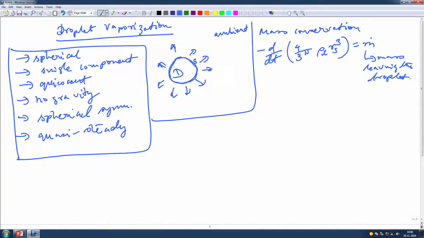Very simple. Now, if we want to write this further, we can take the liquid density to be constant. So, it comes out of the bracket: R s square d R s by dt, got it.